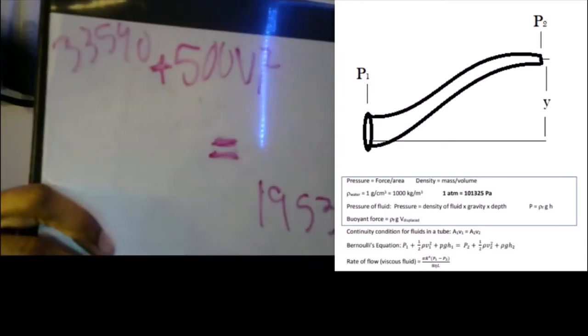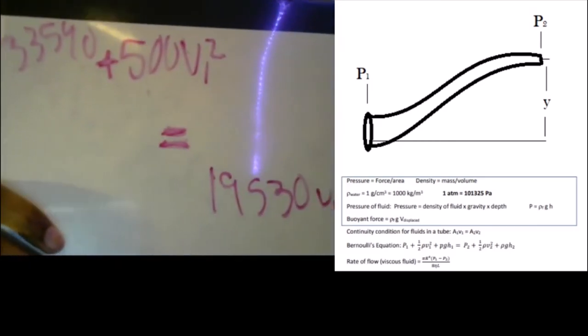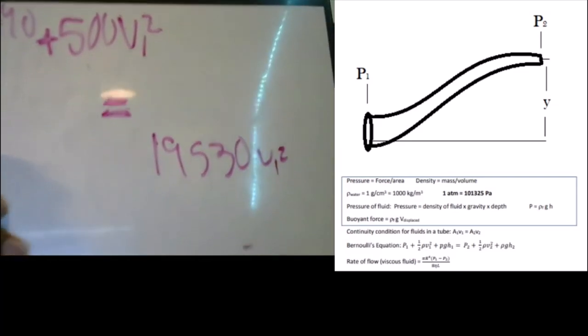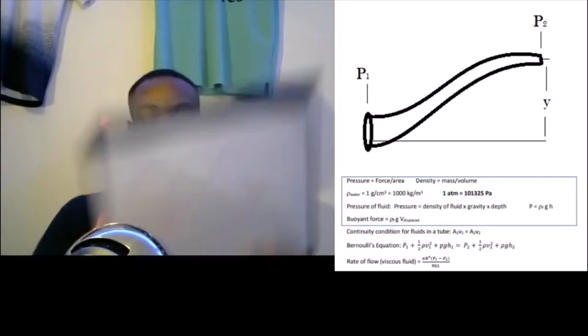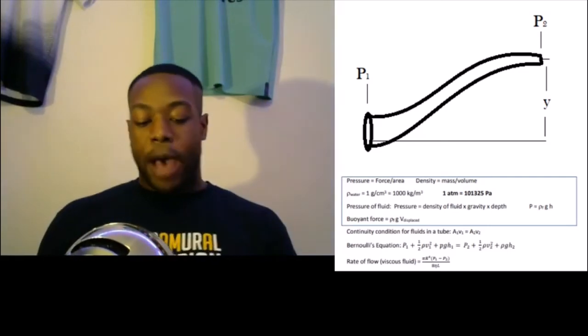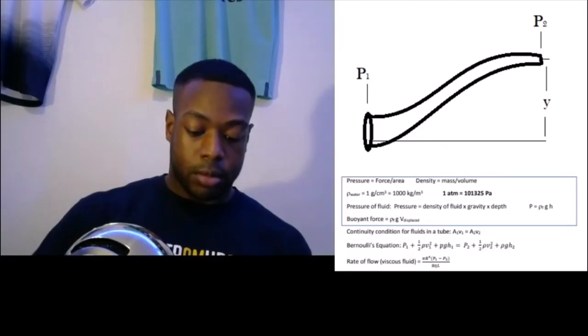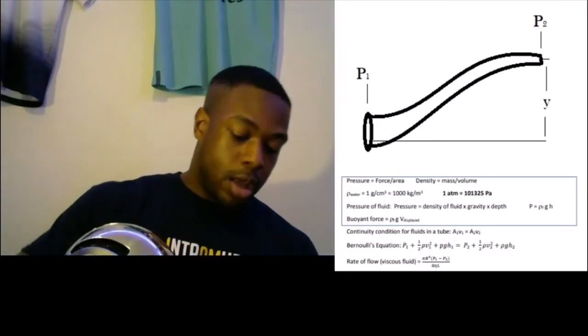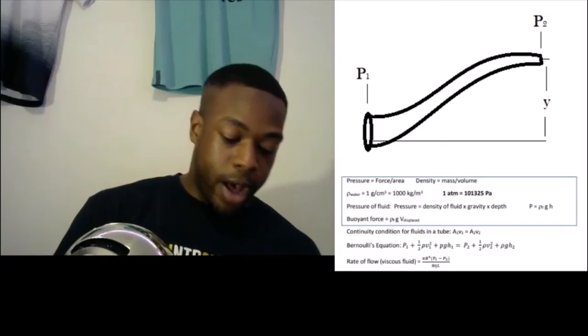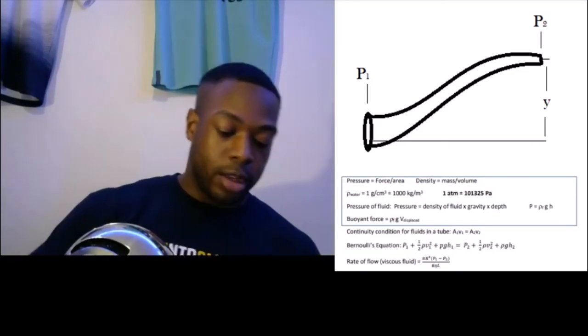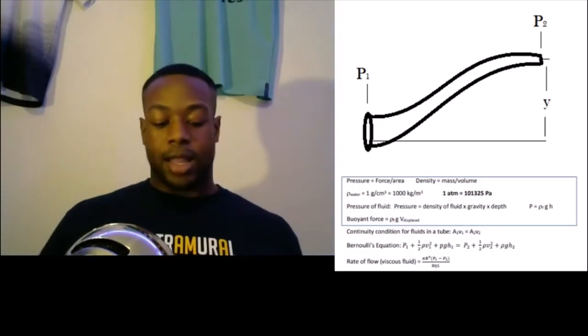So we've got 33,540 plus 500 V1 squared equals 19,530 V1 squared. We subtract 500 V1 squared from both sides, and we finally have 33,540 equals 19,030 V1 squared.